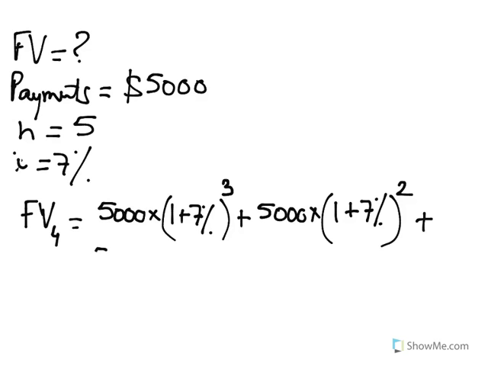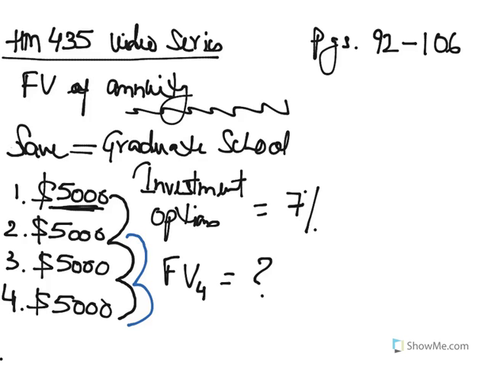Plus the next $5,000, 1 plus 7% to the power of, I think you got it right, it's 1 year, but let's just make sure. There. Let me just put these so you know which one we are talking about.